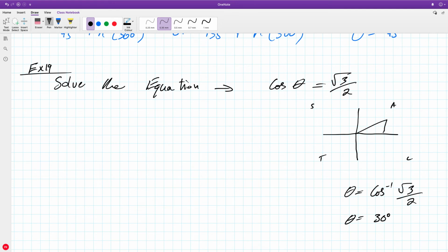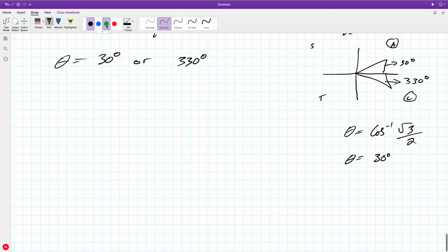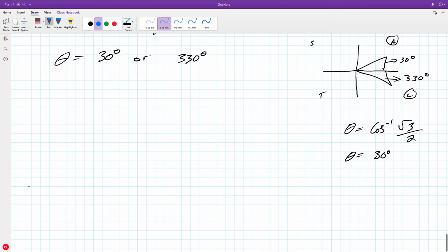So, positive A and C, 30 degrees, and off here, the whole way around makes that 330 degrees. So, theta is equal to 30 degrees or 330 degrees. Right, have a go at this one when it's in rads.